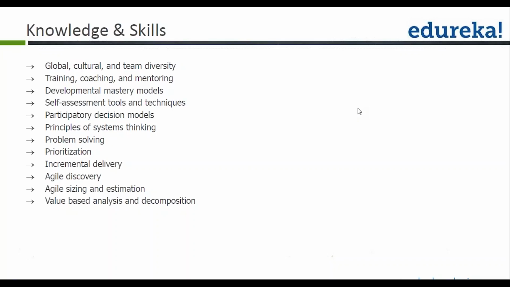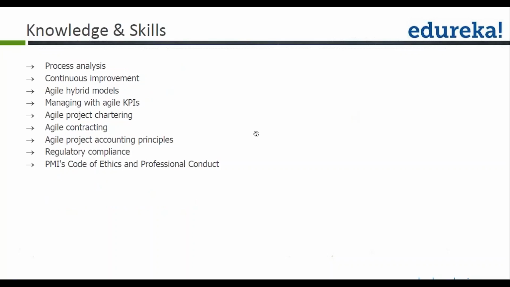Okay, so these all also come under knowledge and skills. And continuing this journey, we will go into process analysis, continuous improvement, agile hybrid models. So many times we need to tailor the agile models to align with the organization culture, that is the agile hybrid model. What are the key performance improvement areas in an agile project?